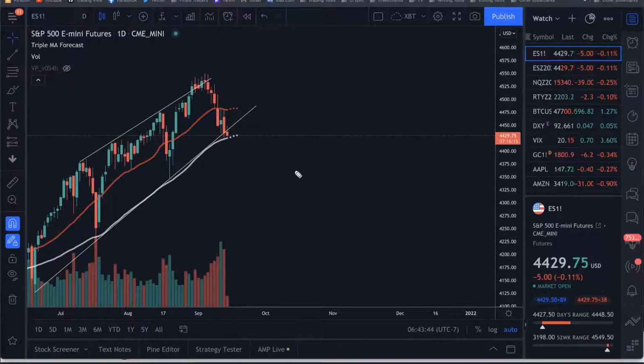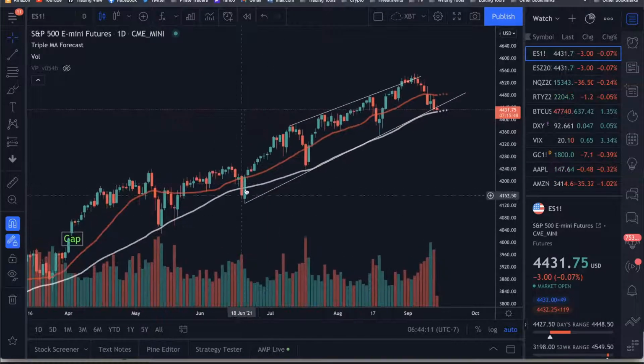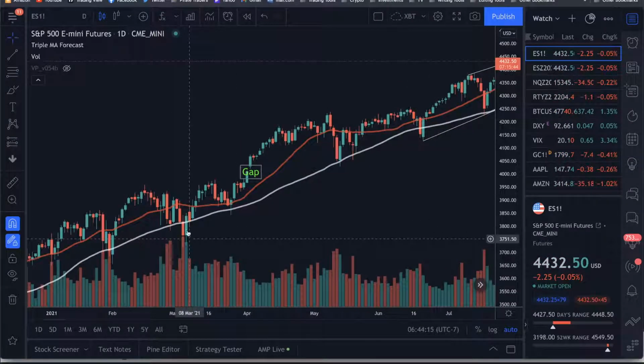If the market traded below the 50 and then got all the way down to 4,400, that could be the scenario where it keeps going. So I would have to be a little more bearish before I would assume we're going to get there. Could happen, though. I mean, we had some pretty big pullbacks right there and right there.